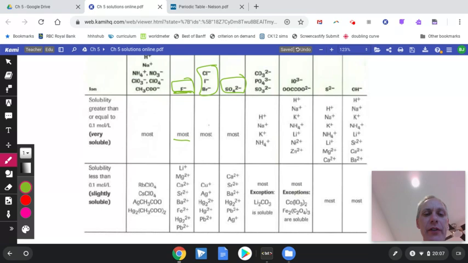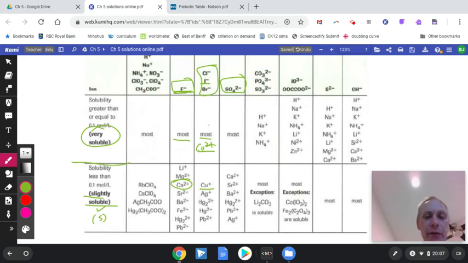Most things are very soluble, but calcium fluoride is not. So it's in the slightly soluble. And if I gave you copper iodide, same thing. Here's iodide. Most things are high, but copper 1 plus is low. Copper 2 plus is up there as high. Interesting. So copper 1 plus would stay together as a solid.